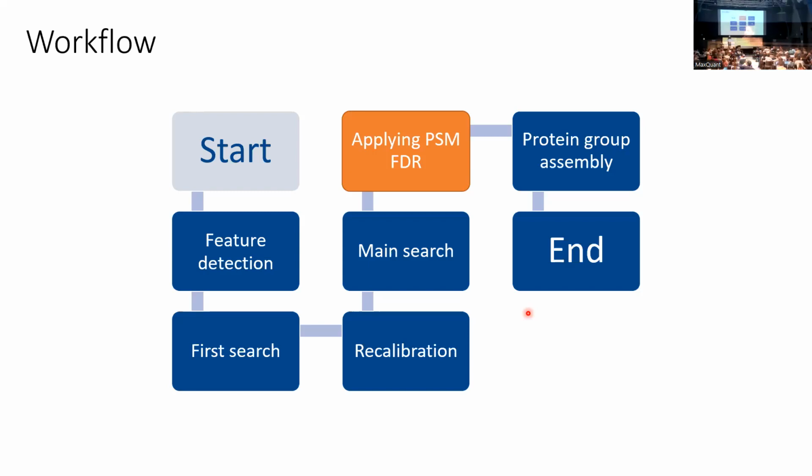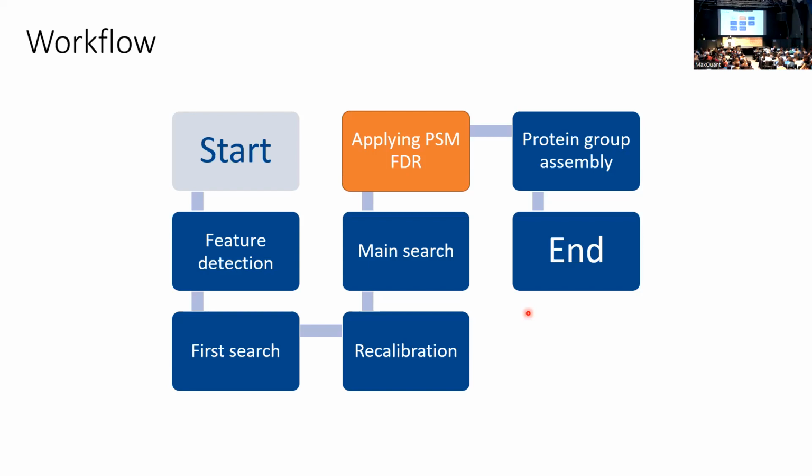I'm a bit confused about these different steps in feature detection. You explained there were 2D peaks, where one of the conditions is that when the difference between masses is less than 7 ppm, they will be assembled together. But then there's also isotope pattern assembly. Is this a separate step, or are these all part of the 3D feature detection? There are different steps. The centroids are put together with the 7 ppm criterion that I was talking about.